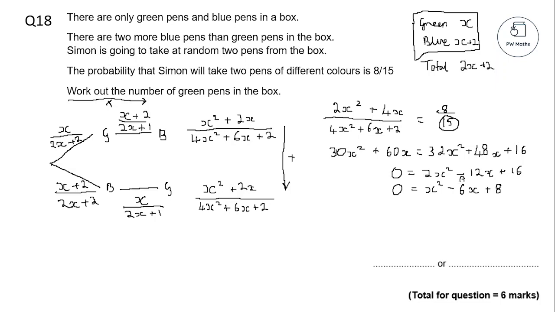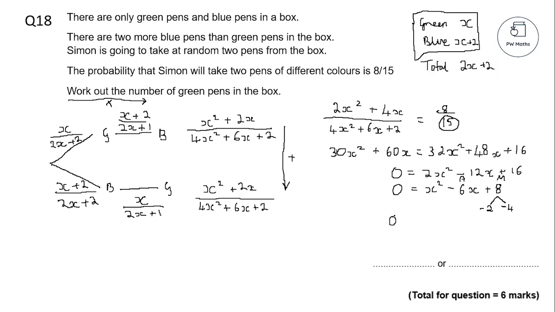I'm a big fan of thinking, am I able to solve it? Am I able to find the numbers that multiply to 8 and add up to 6? 2 times 4. But hang on, they're supposed to add up to minus 6. Minus 2 times minus 4, and I'll just have a little check. They do multiply to positive 8.